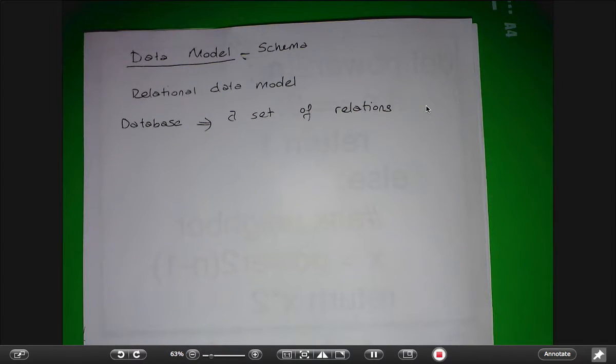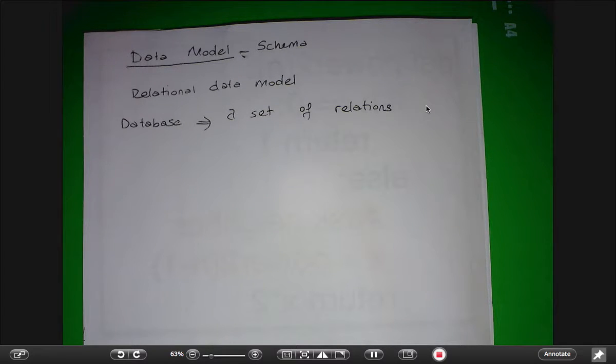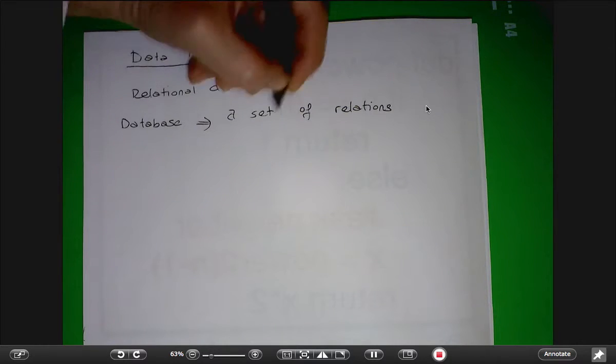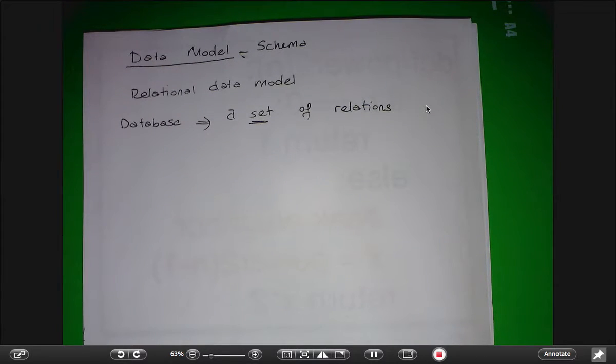Okay. Now, whenever I write these things, they're going to have a very particular meaning. Okay. So in the first part of the class, you have to pay a lot of attention to this. Whenever I say set, that's important. So a database is a set of relations.